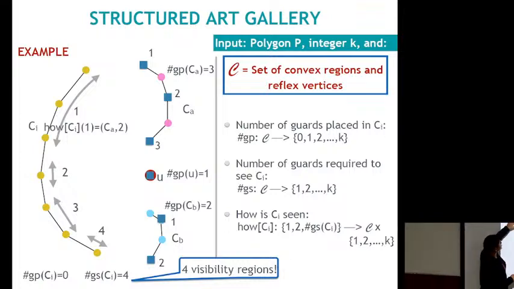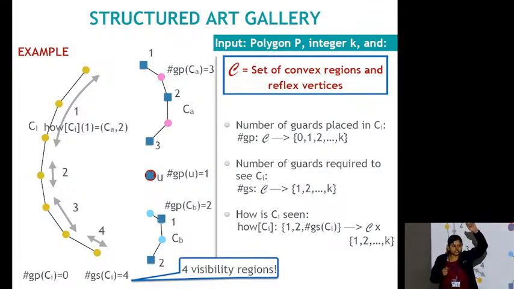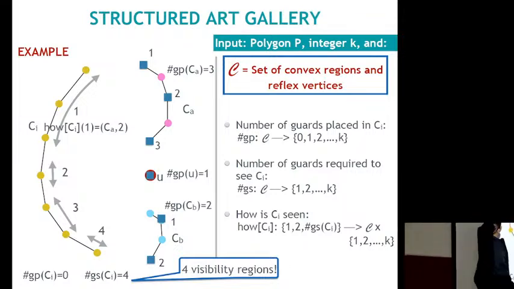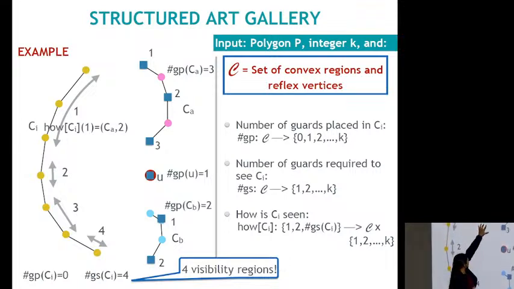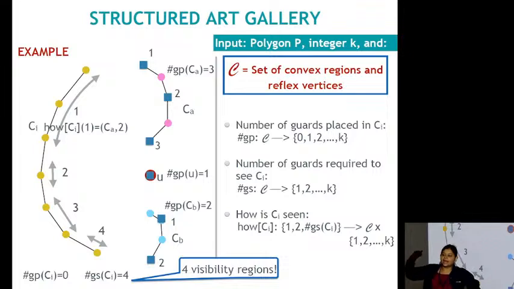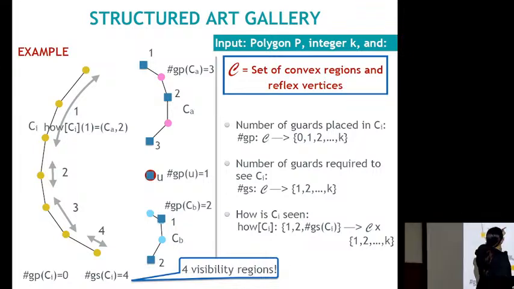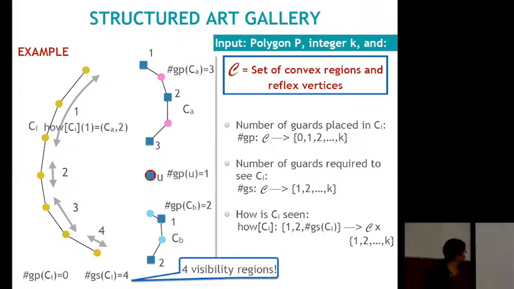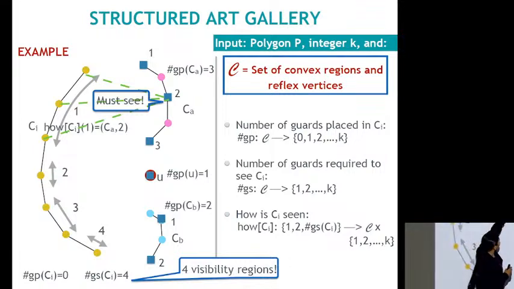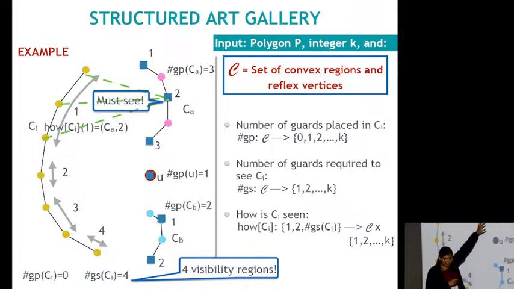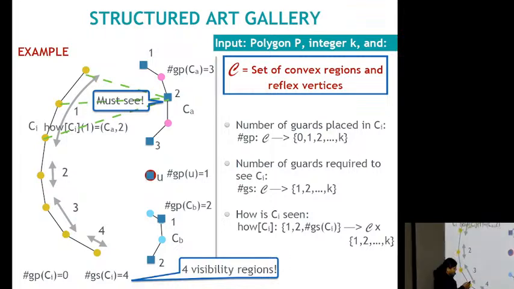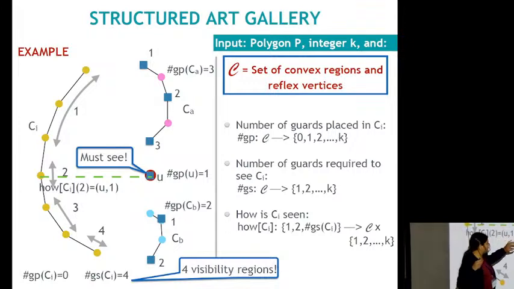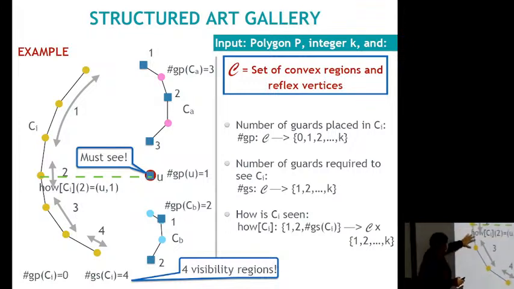And suppose how(Ci,1) is (CA, 2). Look at the first piece of how this convex region Ci is seen. If this function tells us this pair (CA, 2), then the second guard placed in the convex region CA will be responsible to see the first piece of this convex region Ci. Similarly, if how(Ci,2) is (U, 1), then the reflex vertex U should see some vertices.